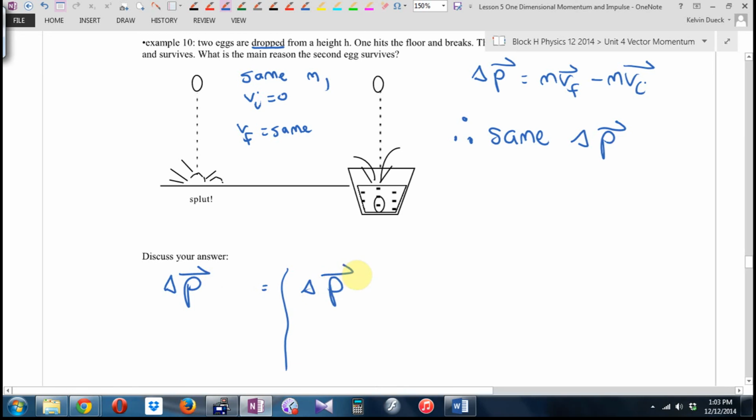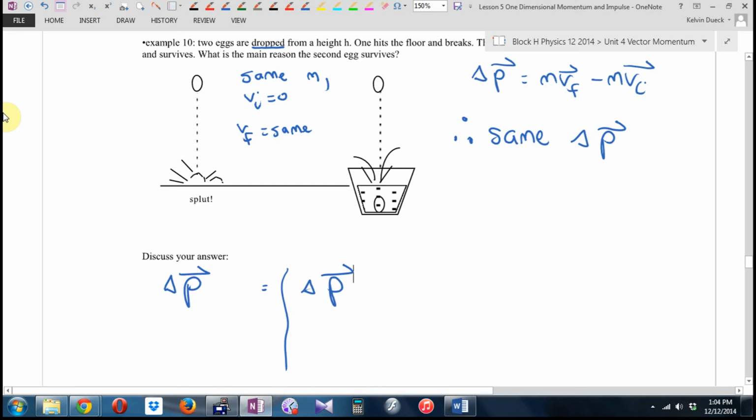Up or down on impact? Think about it. It's got to be up because the ground, first of all, has to bring the egg to a stop. Or better yet, when you bounce a ball, the change in momentum is totally up. The ground brings the ball to a stop and then applies another up. Okay.